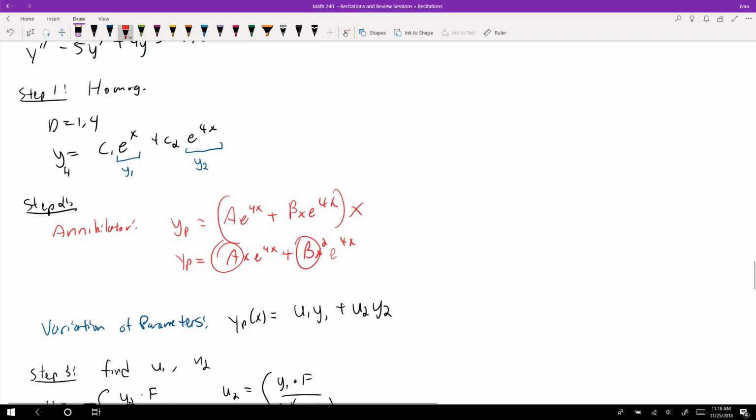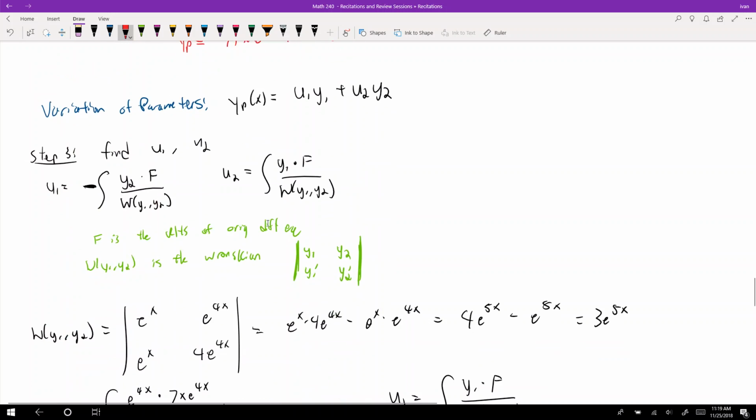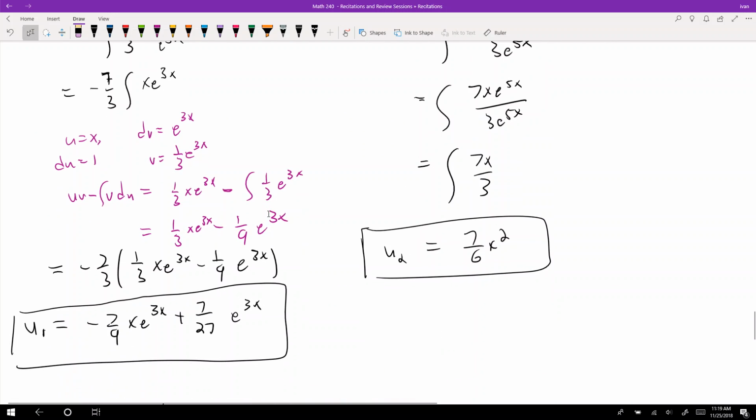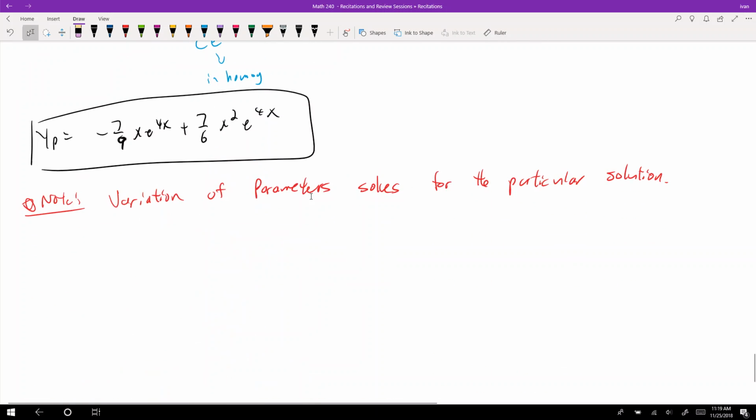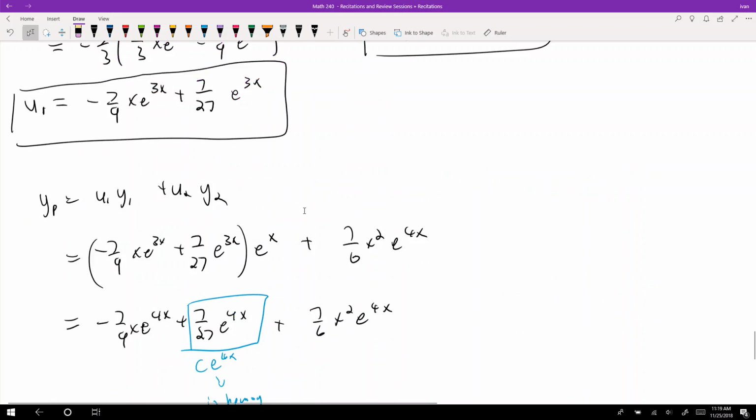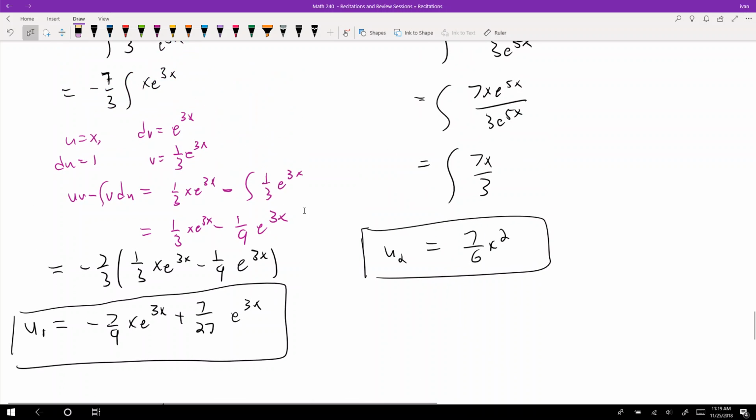We explicitly show this in annihilators, where we set up these unknown constants a and b, and then we eventually solve for a and b of the particular solution. In variation of parameters, the same thing happens. We get actual constants in our particular solution.